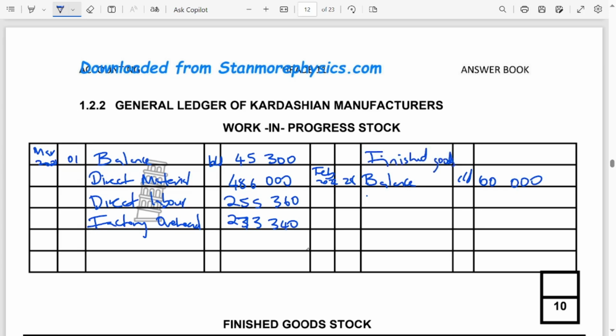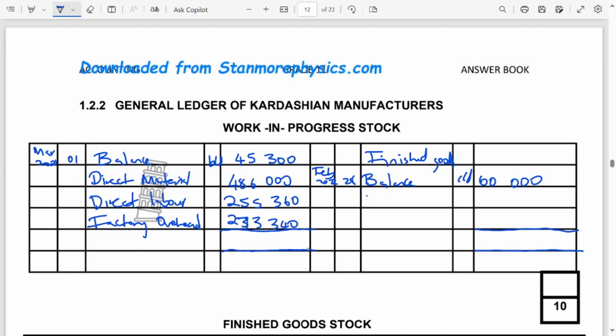Like I said, the work in process are the semi-finished goods, right? So once the goods are finished, they are sent to the finished goods account from the work in process. That is why you find the work in process decreasing with the account of the finished goods. So we need to find out how much was sent from the work in process to the finished goods.